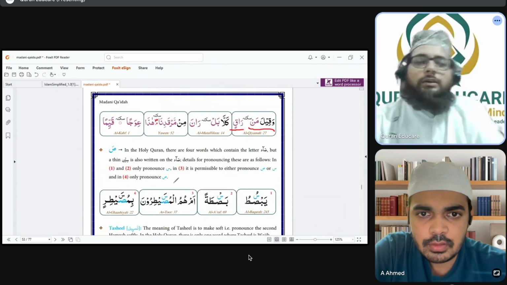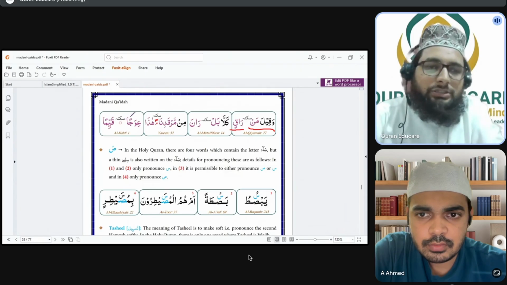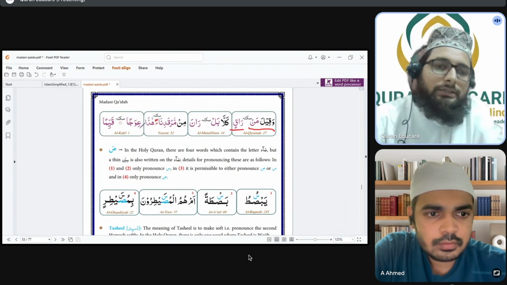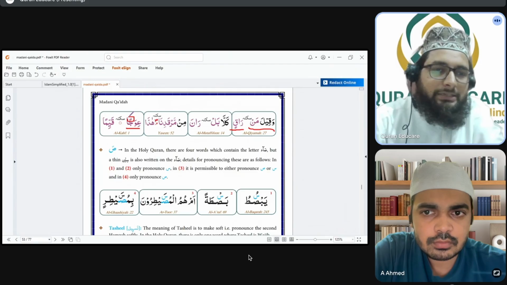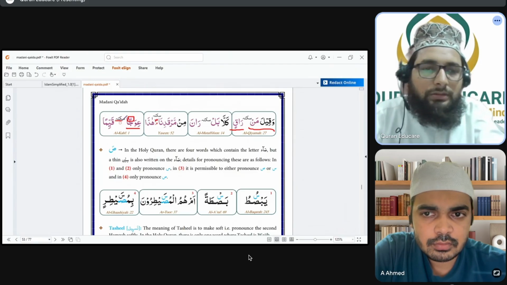Now the condition: if, like the word iwajan, two zabar come, fathatan, and then there's a Sakta, then what will be the rule?